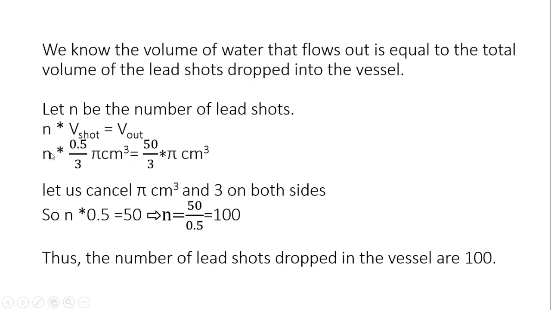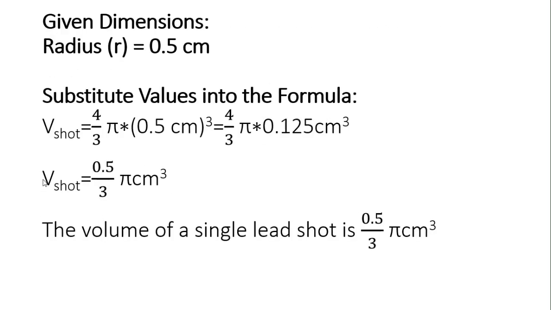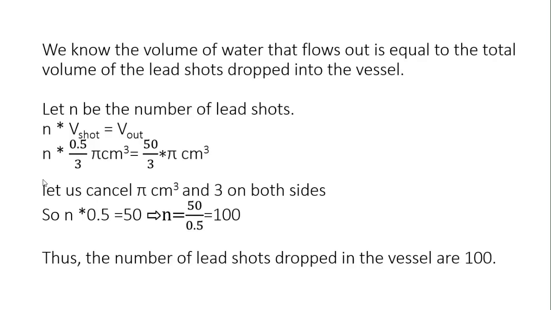Yes. So n into what is the volume of the single lead shot? Here we have found 0.5 by 3 into pi cubic centimeters. That's what I have mentioned. n into 0.5 by 3 into pi cubic centimeters is equal to the volume of the water flown out. Okay, so after calculating, how does it become here?